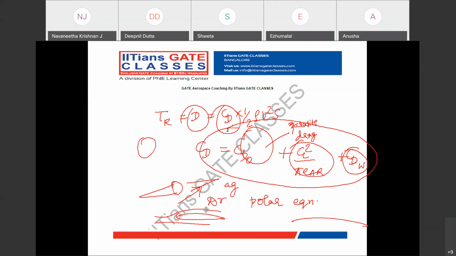So it will get detached somewhere at this location. Due to detachment of flow from the surface, there will be pressure drag.